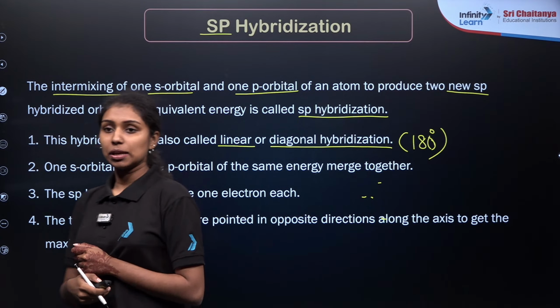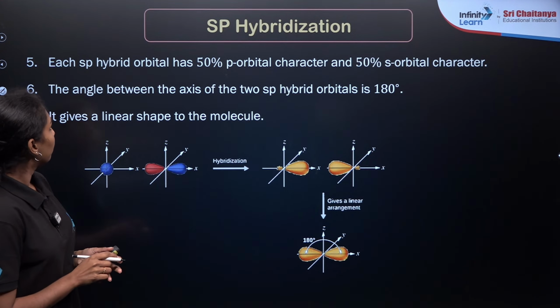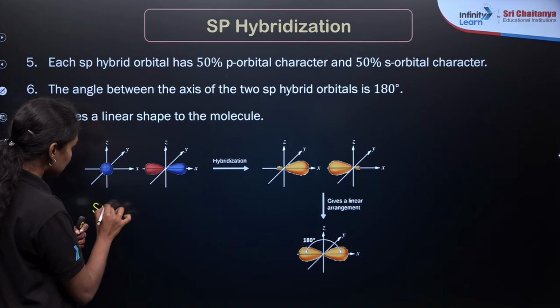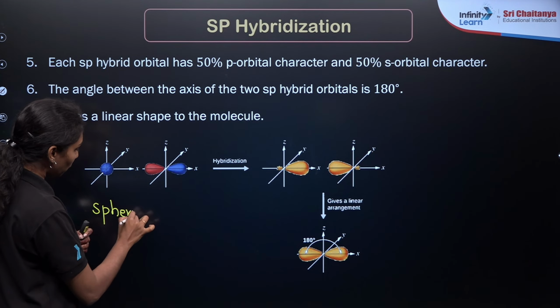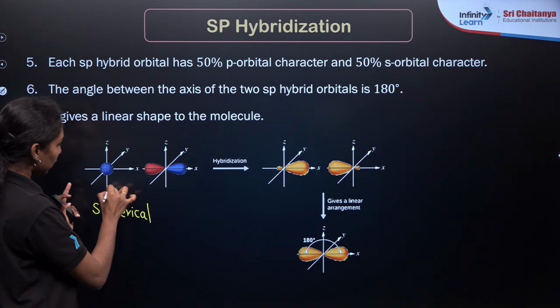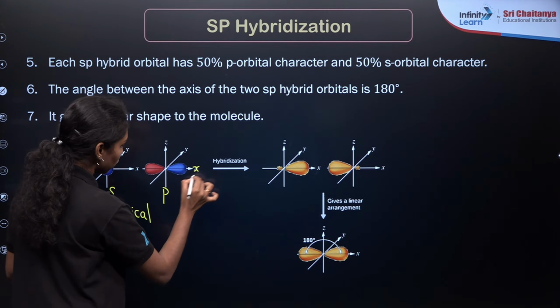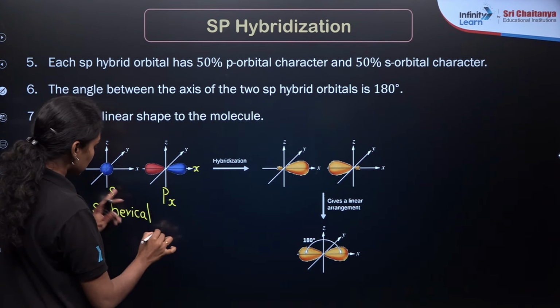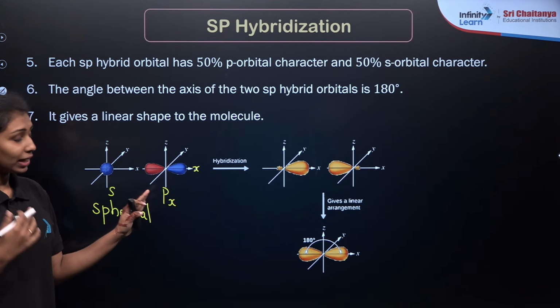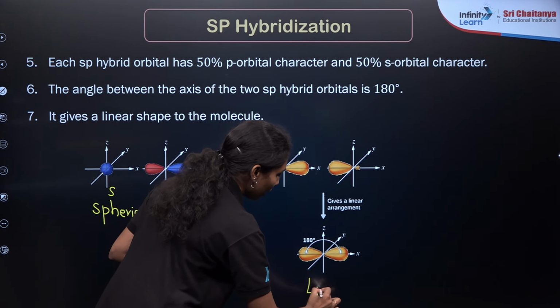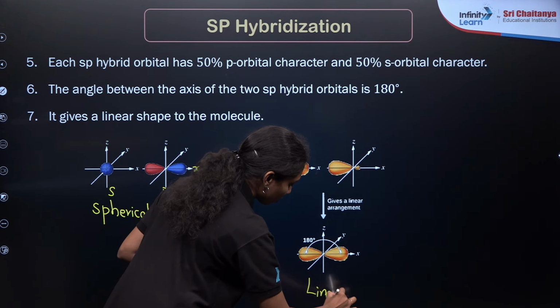Let us see one example here. In the last class we already discussed the shape of orbitals, right? This is our s orbital, this is our p orbital along the x-axis, so this will be the px orbital. This is a spherical shape, this is a dumbbell shape. When they undergo hybridization, they form the linear shaped sp hybrid orbital.